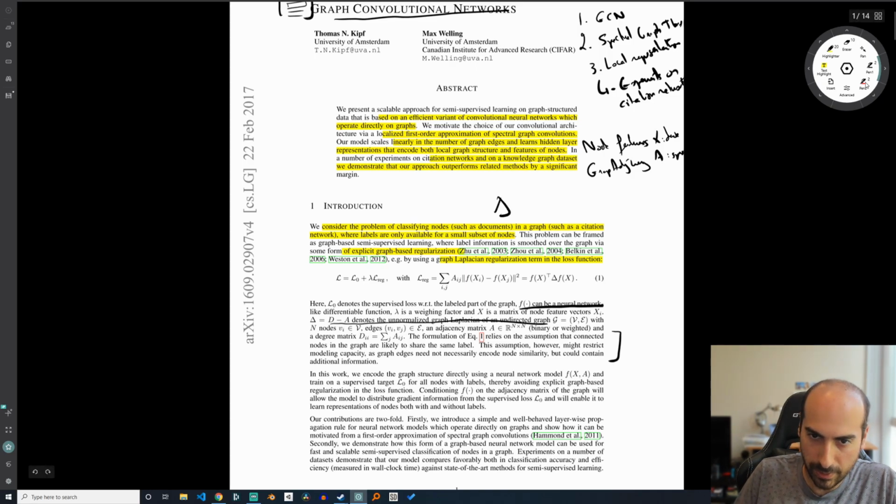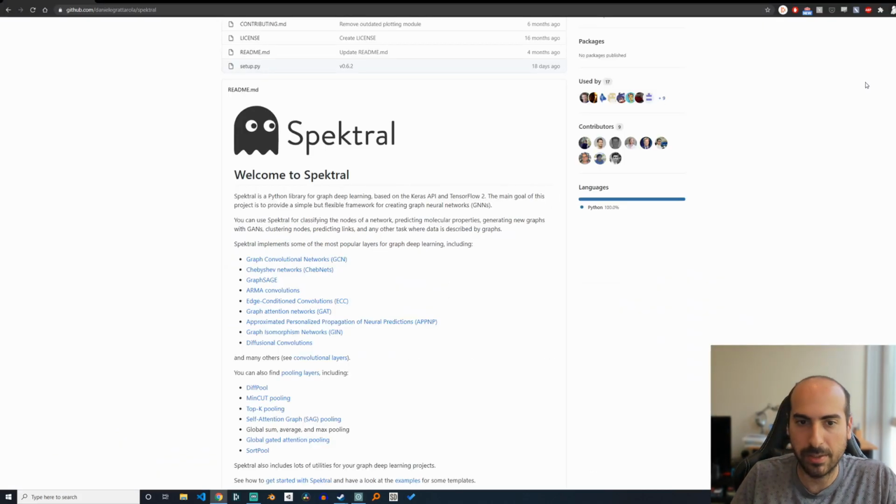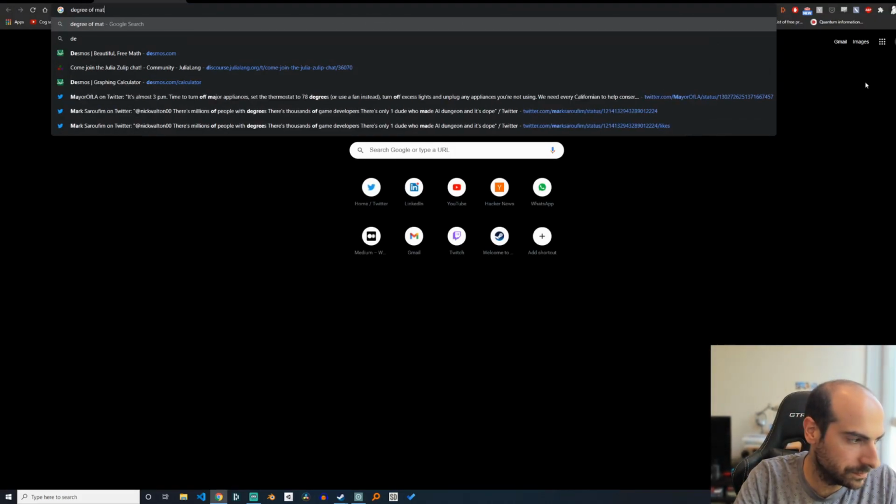So yeah, let's do this. Delta is going to be D minus A, right? So this is your adjacency, and then this is your degree matrix, right? So you may ask, what does the degree matrix mean? Let me show you.